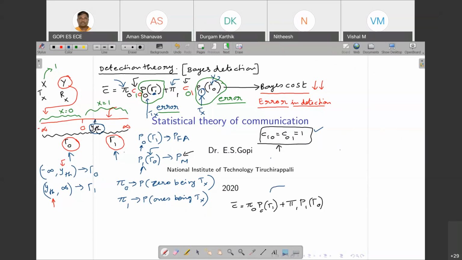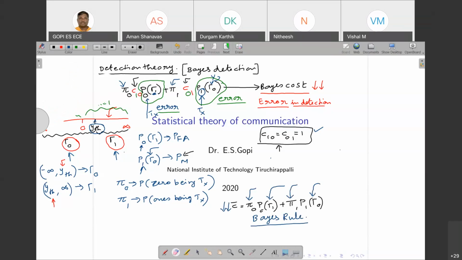You need to find gamma naught and gamma 1 such that this cost function C bar is minimized, and that is what we call the Bayes method for the decision rule. But remember that it depends on the prior probabilities also. It is very important to see that it also depends on the prior probability.